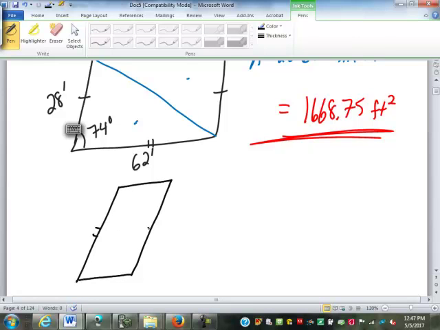Again, parallelogram. I give you this side here is 28 inches, and this side up here is going to be 12 inches, and this angle here is 67 degrees.